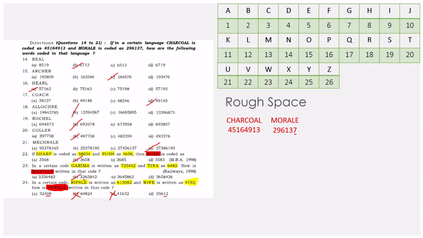I don't know if there's a printing mistake, but if you observe carefully, in all 4 options one index is missing. Here 5 digits are there, but in the question there are 6 digits. I don't know if there was a printing mistake, but let's check the last but 2. 4 and 6, that would be for S. So how is S coded? S is coded as 0. Okay, if S is coded as 0, then we have to check for the missing one.